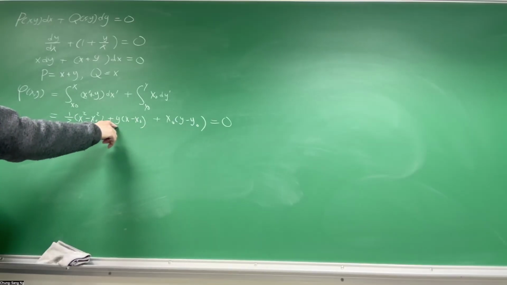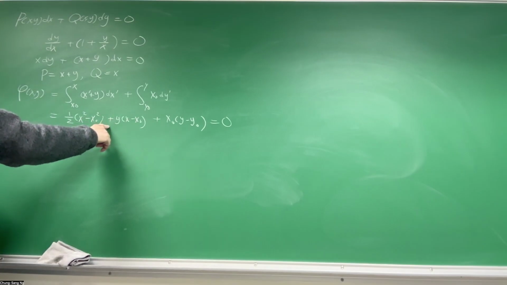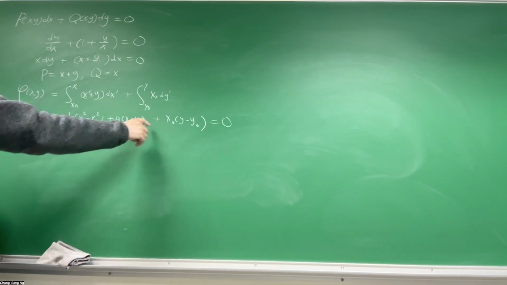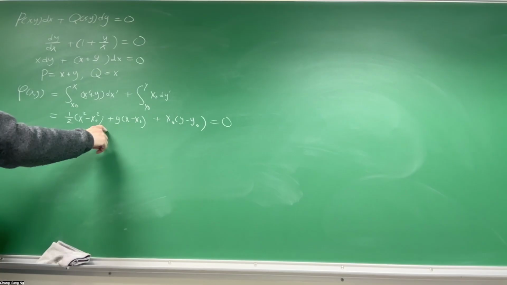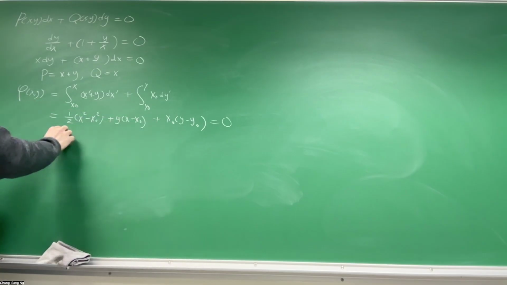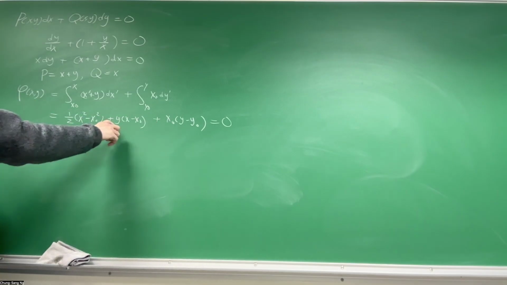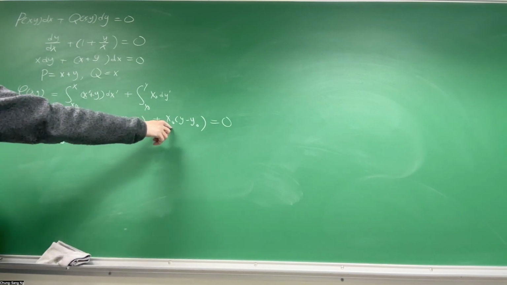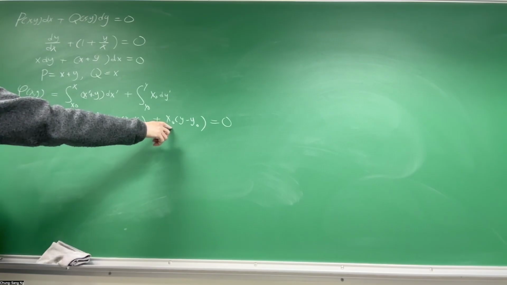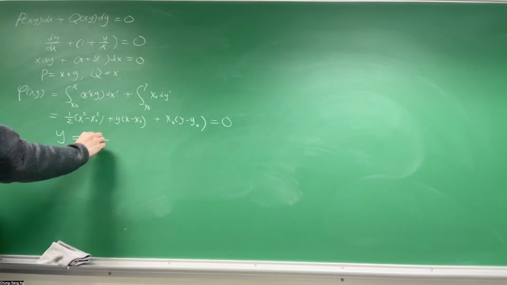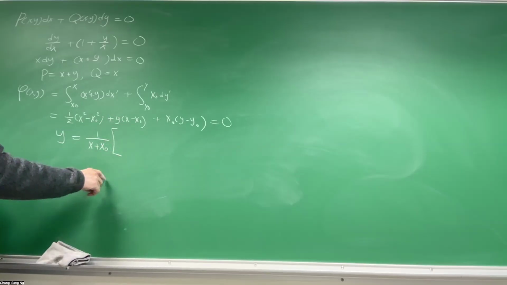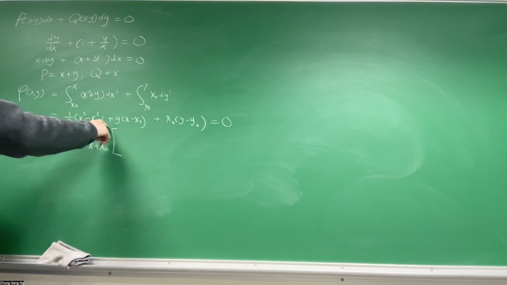It seems you just group the terms of y and move everything to the other side and divide by the coefficient, right? So y is equal to, the coefficient is x plus x sub 0, right? And then move everything to the other side.